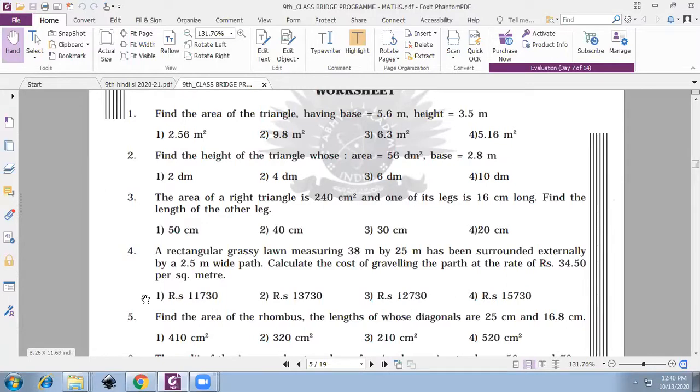The grassland size is given. Length is 38 meters, breadth is 25 meters. And it is also surrounded externally by a path 2.5 meters wide. The cost of graveling the path is given at 34 rupees 50 paise per square meter. So we have to find the total cost of graveling the path.